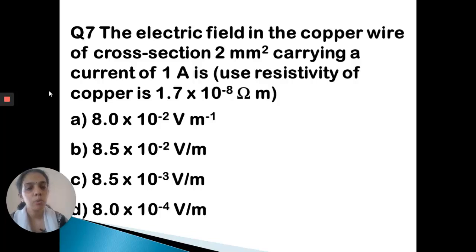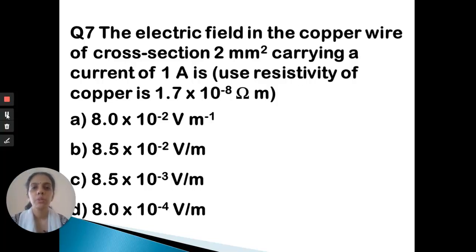E equals volt per length, V by L. The area of cross section A is given as 2 millimeter square, so convert it into meter square. The current of 1 ampere is given, A is given, I is given, and resistivity is also given. We need to find the electric field.